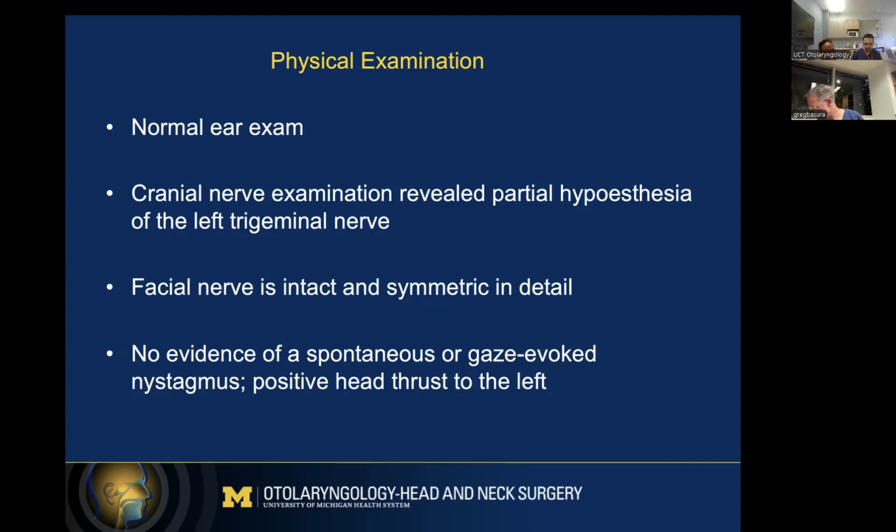Why is that? What did we say is innervated by the superior vestibular nerve? So if your superior vestibular nerve is compromised but the inferior is not, how is it that you wouldn't get a positive head thrust?